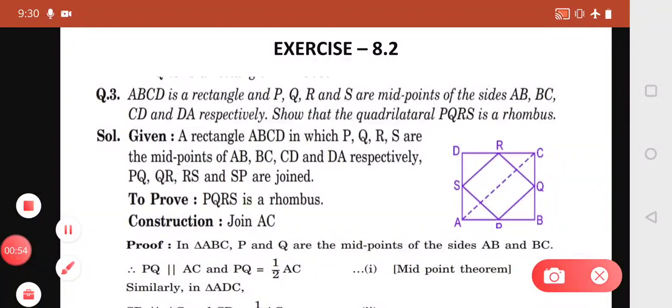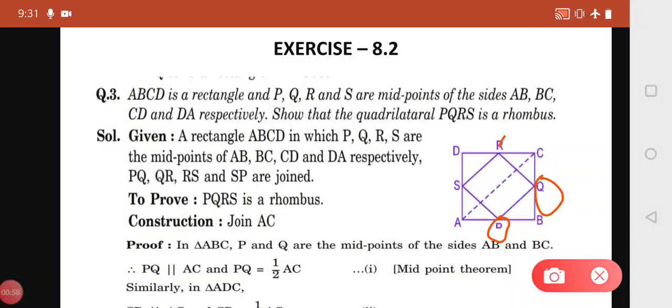Yes, you can see in the figure. Yes, these four P, Q, R and S are midpoints. We also joined PQ, QR, RS and SP. Now, to prove PQRS is a rhombus, we need a construction, so we join AC.